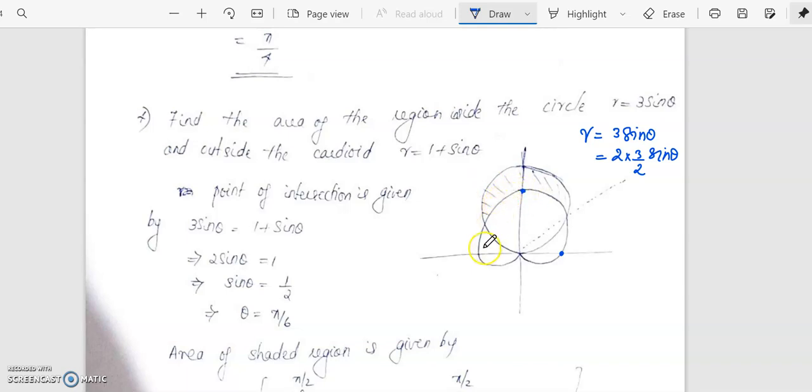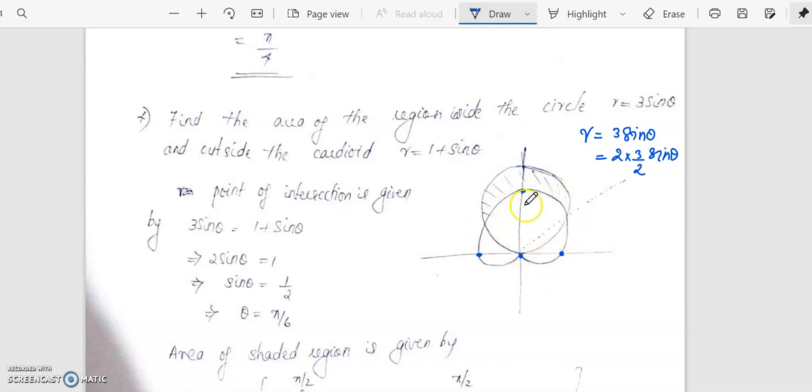Again when theta is equal to pi, it will take the value 1, and when theta equals 3 pi by 2, sin is -1, so 1 minus 1 is 0, and again at 2 pi it will reach the value 1. So that is going to be the shape of r equal to 1 plus sin theta.